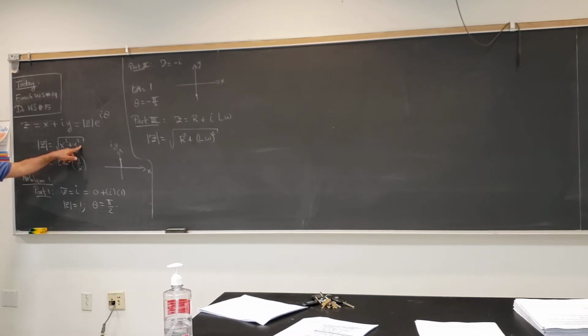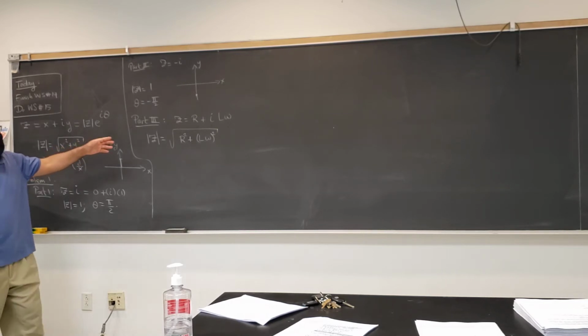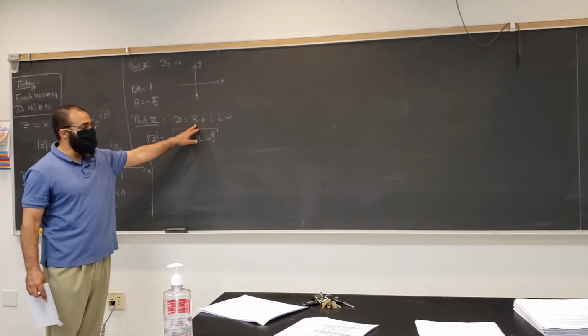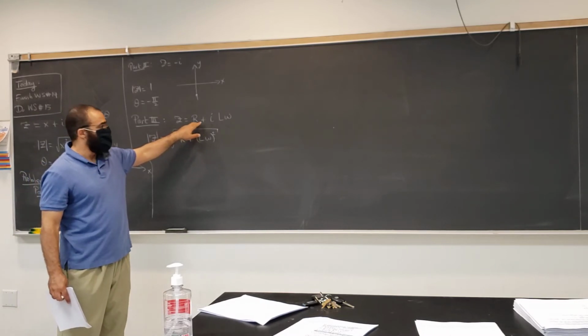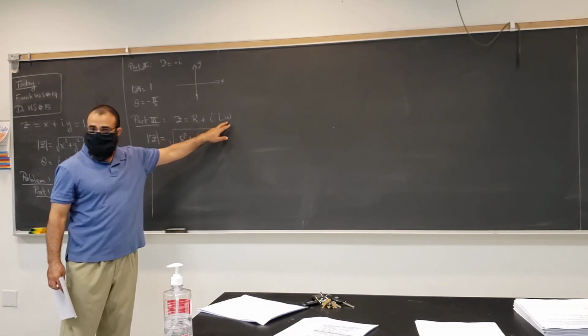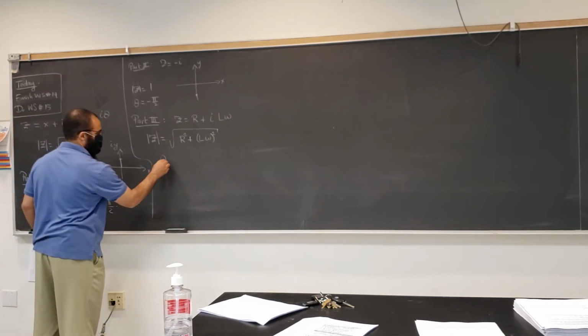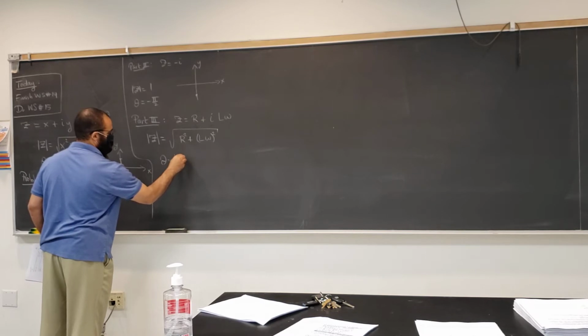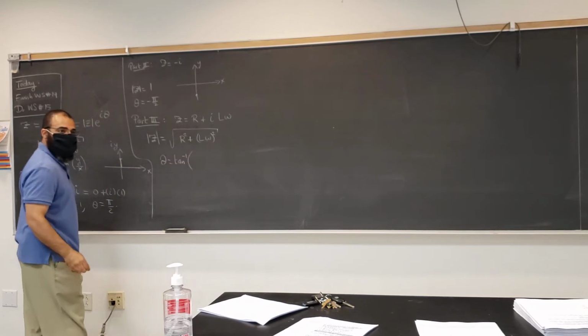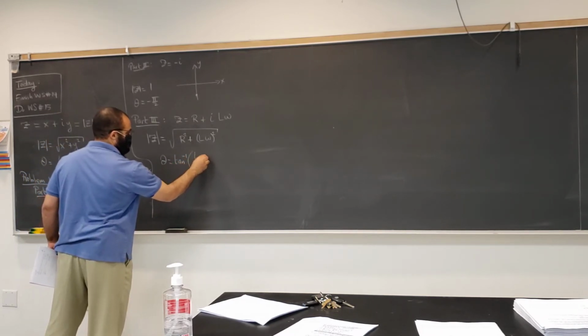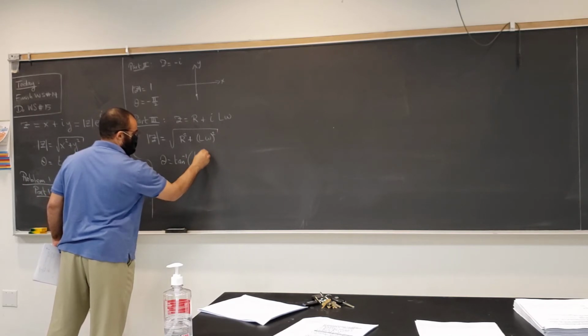In this case, the real part of z is R, and the imaginary part is L omega, right? And how about theta? It will equal the tangent inverse of omega L over R.